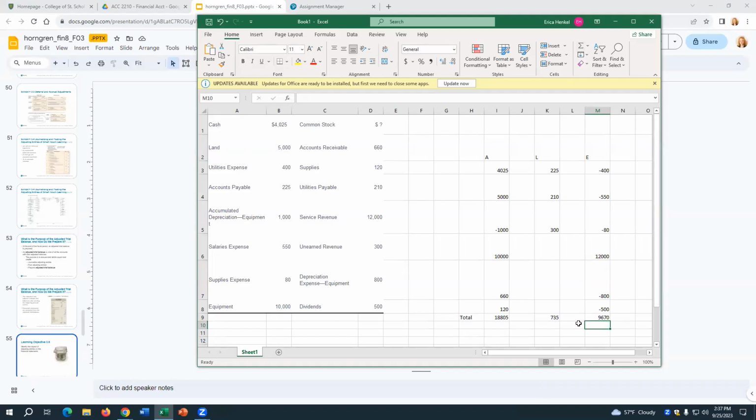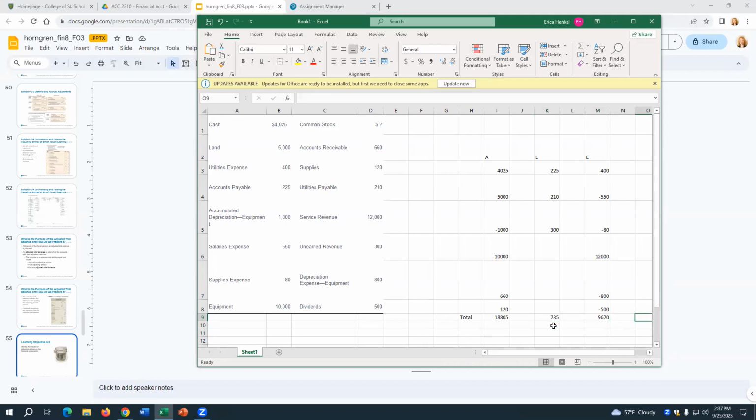So for these totals, let's make sure I've got the 400, 225, 1,000, 550, 80, the 10,000, that's the question mark, 660, 120, 210, 12,000, 300, 800, and okay.